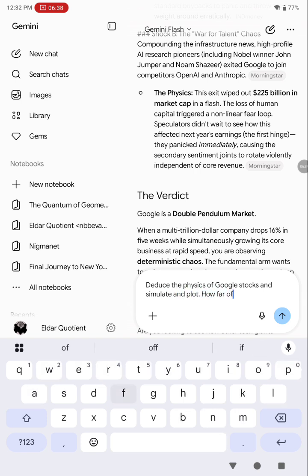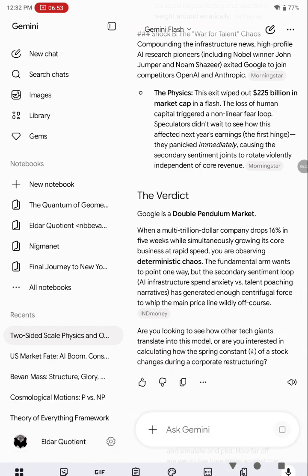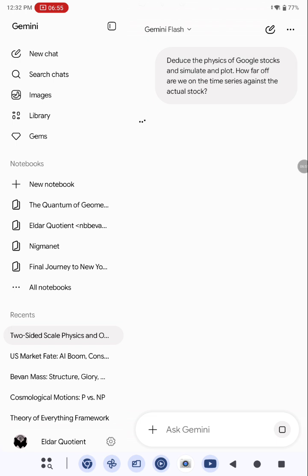How far off are we on the time series against the actual stock?